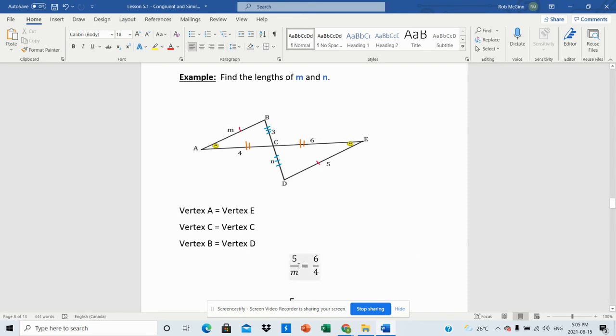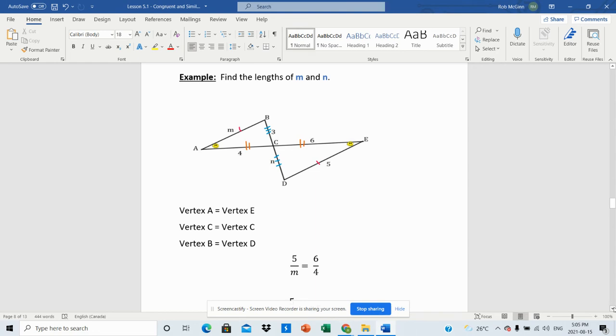There are multiple ways we can do this. We could just do 6 divided by 4, find out what our scalar is, and then multiply that by 5, and that would tell us what m is. Let's go through and see if that works. I just made a mistake there because 5, of course, is my larger triangle. So it'd be m times whatever that scalar is equals 5.